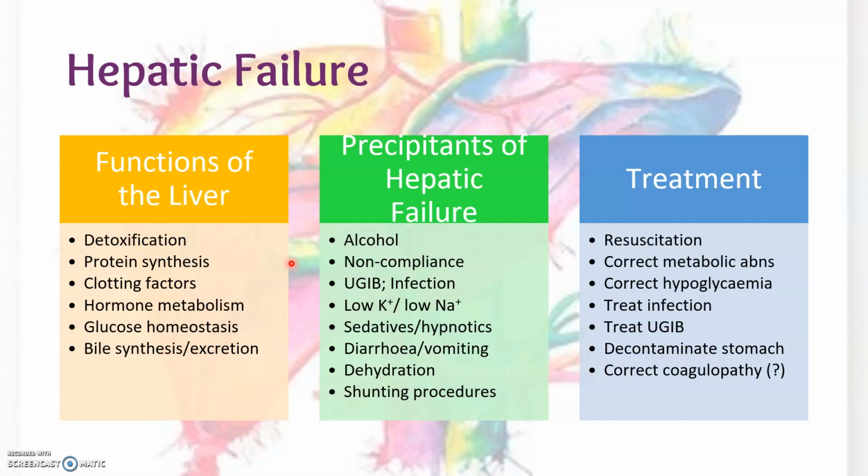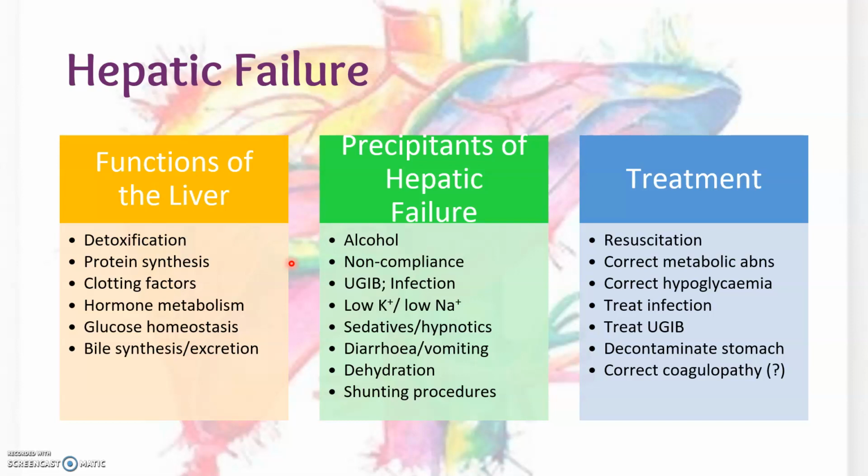They tend to be hypoalbuminemic with edema, have easy bruising and bleeding because of the lack of clotting factors, may have gynecomastia because of abnormalities of hormone metabolism, are prone to hypoglycemia because of the abnormalities of glucose homeostasis, and may be jaundiced.